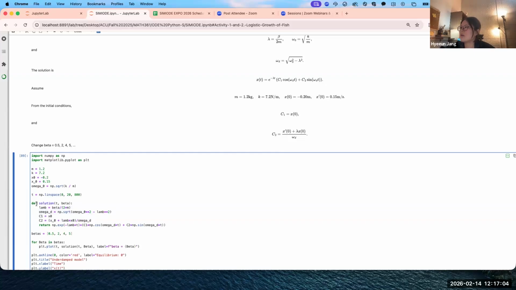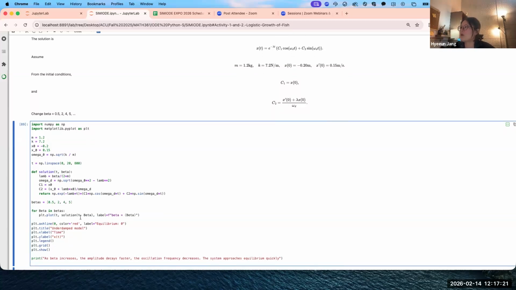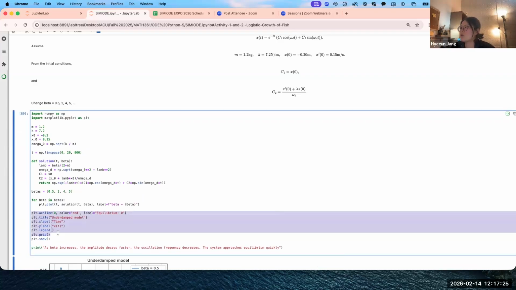If I don't want to use a for loop, I might add beta here and change it separately, 0.5 and then 2. But I made a loop, and it will be easy to understand over time. This is of course the final touch, so it may or may not be necessary.